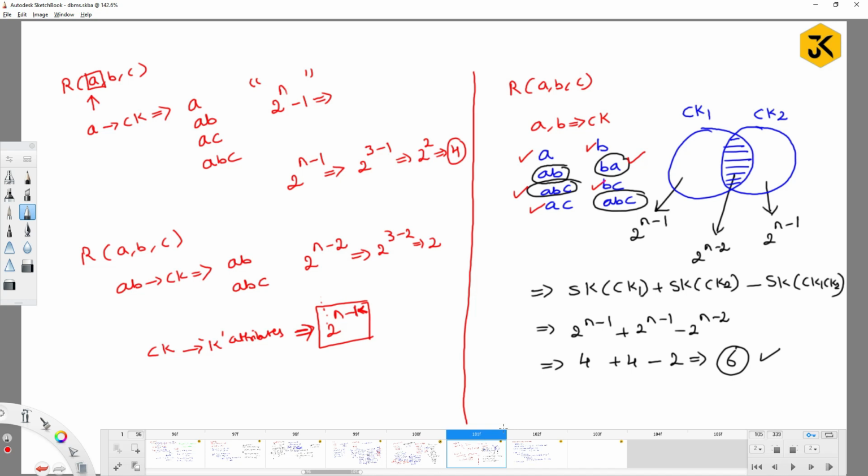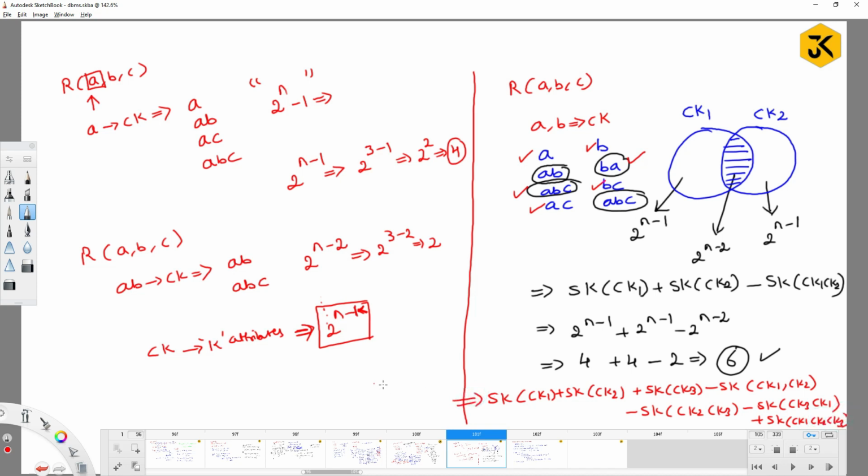So if I write it simply here: super keys possible for candidate key 1, plus super keys for candidate key 2, plus super keys for candidate key 3, minus super keys for candidate key 1 and candidate key 2, minus super keys for candidate key 2 and candidate key 3, minus super keys for candidate key 3 and candidate key 1, plus super keys of all the attributes, key 1, key 2 and key 3, right?